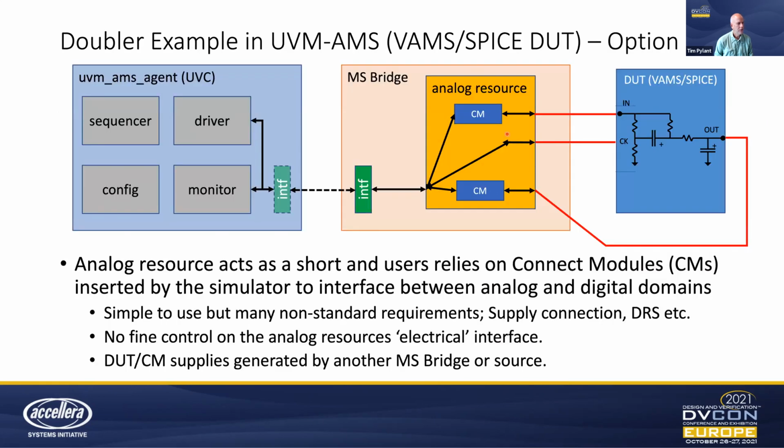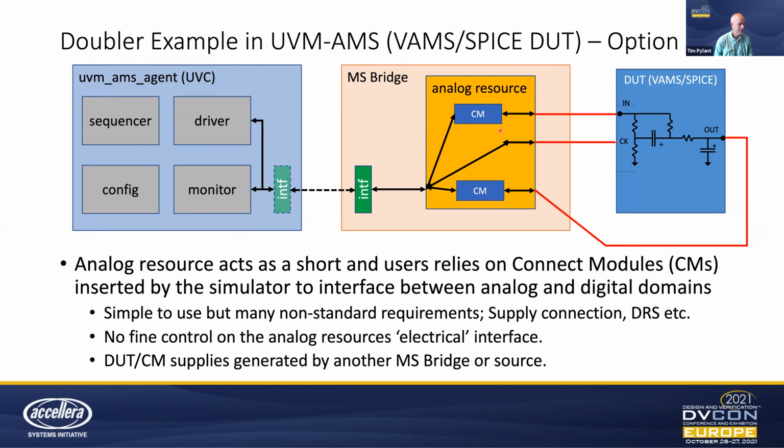Okay, now you come in here and everything stays the same. The UVC is the same. We're using the same sequences. The interface is the same, except now we're going to replace the analog resource with a VAMS model. So instead of using a real number model for the analog resource, we'll use a VAMS model.